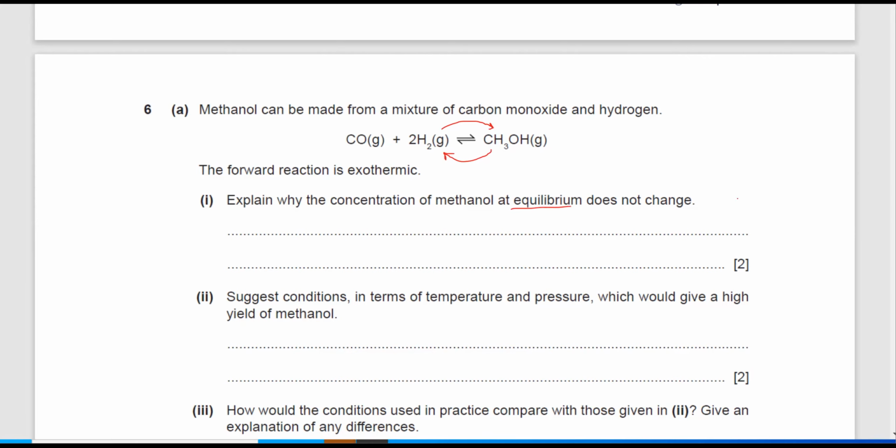When the rate of forward reaction and the rate of backward reaction are equal, which is why the amount of methanol does not change.